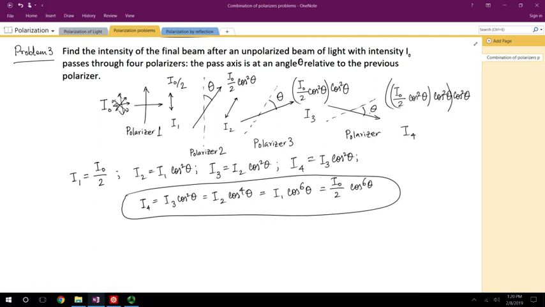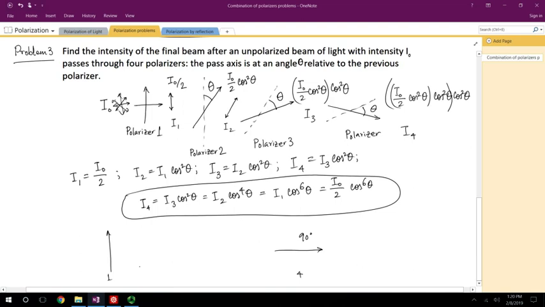Okay, so a particularly interesting example is if the sum of all these angles is equal to 90 degrees, right? So in this particular case, what happens if the first polarizer and the last polarizer were at a 90-degree angle, right? So this is 1, this is 4, and it is at an angle of 90 degrees. But we have to divvy this 90 degrees up into three angles.